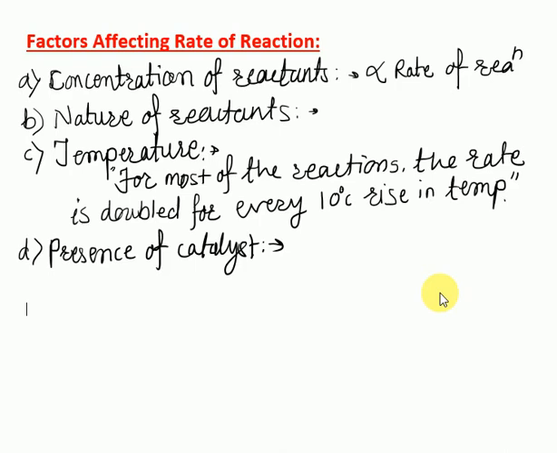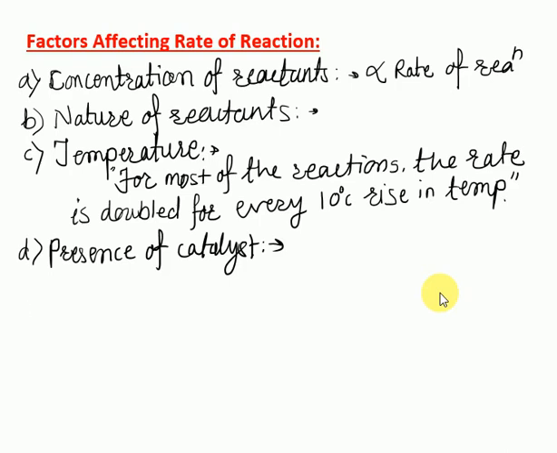Actually, the reactants in a reaction have to cross an energy barrier to form the products. The higher the energy barrier, the slower the reaction rate. A catalyst provides a new reaction path with a lower energy barrier so that more and more reactant molecules can form the product.